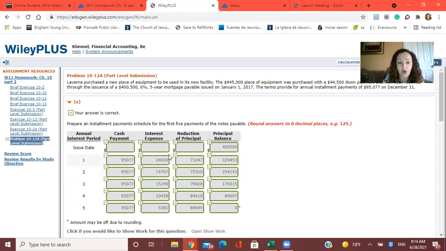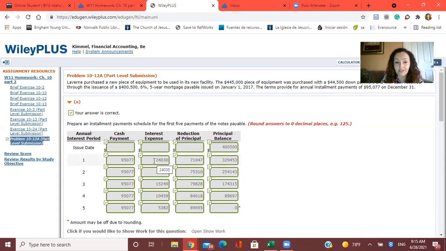The next column is the interest expense, and we're going to check how much of the 95,077 belongs to the interest expense, and what is the rest of the amount that goes into the reduction of the principal. The total principal is $400,500, right? So we can see here the cash payment that we make annually.